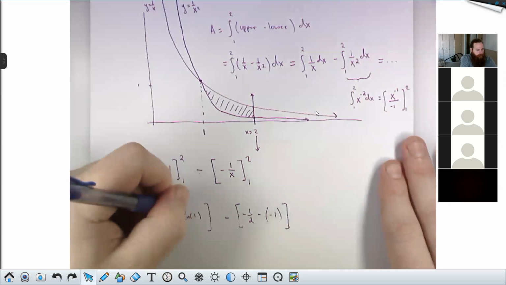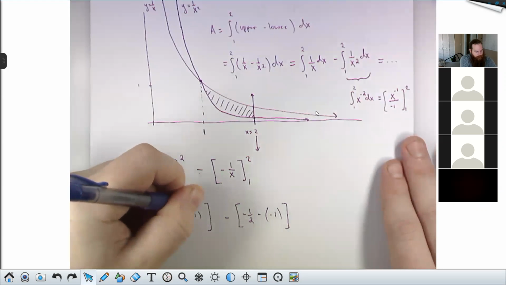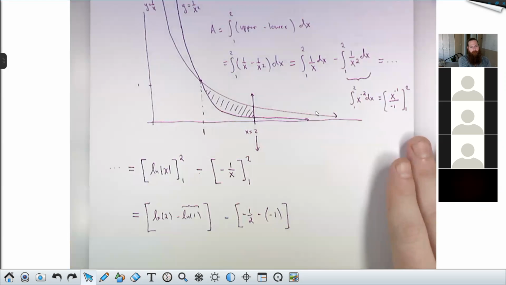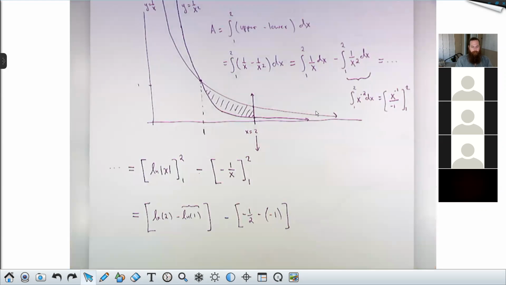What is the natural log of 1? Is it e? The natural log of e is 1, but the natural log of 1 is, yeah, 0.